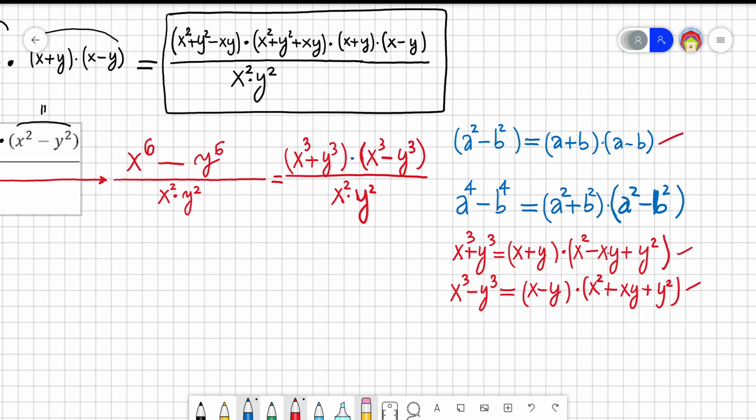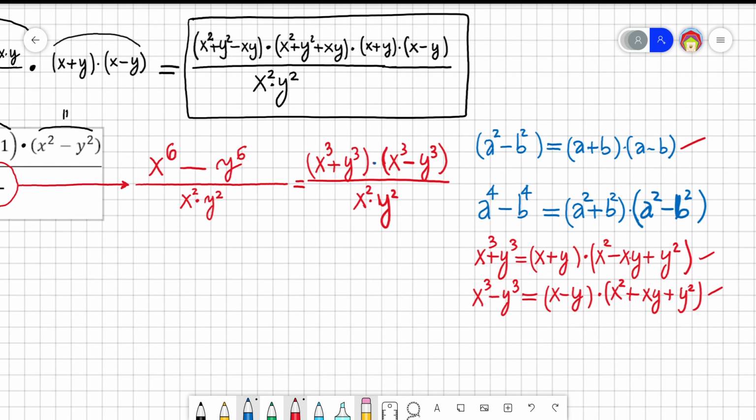So using this, you can transform this last fraction as this huge one. Denominator, x to the power of 2 times y to the power of 2. And numerator, you just take every factor, don't forget anything.